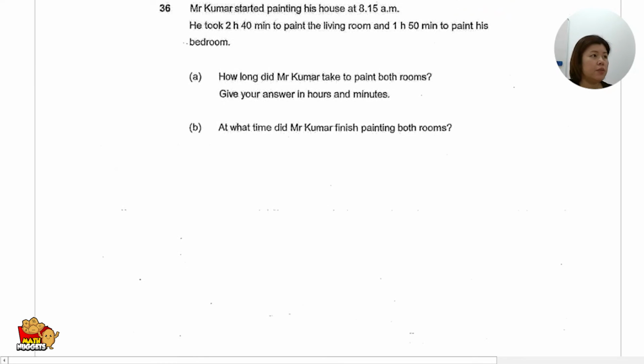Time question. Mr. Kumar started painting his house at 8:15. He took 2 hours 40 minutes to paint the living room and 1 hour 50 minutes to paint the bedroom. So he's asking how long to paint both rooms. So 2 hours 40 minutes plus 1 hour 50 minutes.